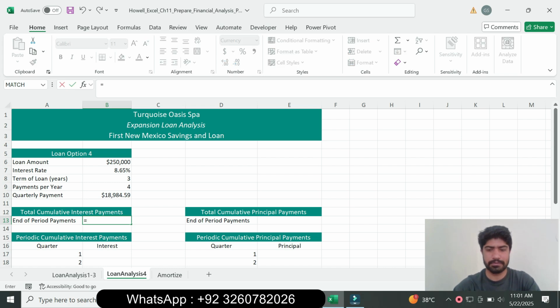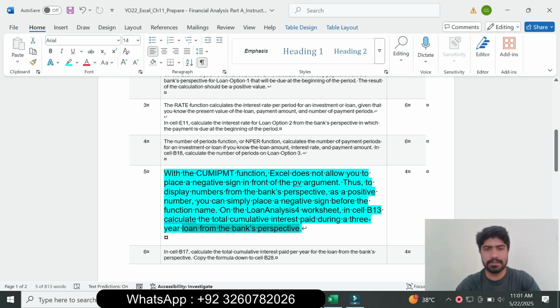Type equals, the CUMIPMT function, and B7 is the interest rate, divided by B9, the payments per year. Type a comma. Next, to get a positive number, place the negative sign before the function.